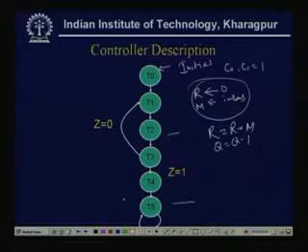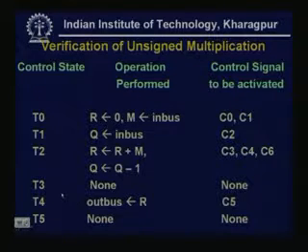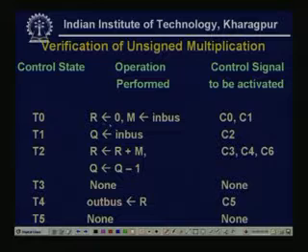Now, we see in this state diagram how the selection of states is made. We take the control state, operation performed, and control signals to be activated. Just now I mentioned that at T0 state this is initialization. So, R is reset to 0, M is inverse, and then C0, C1 should be high.